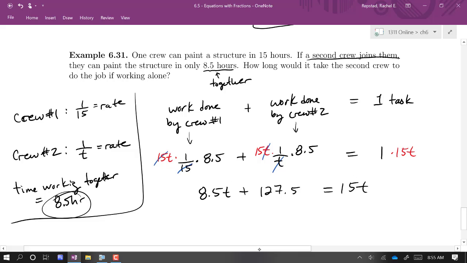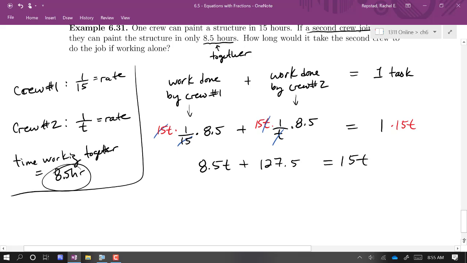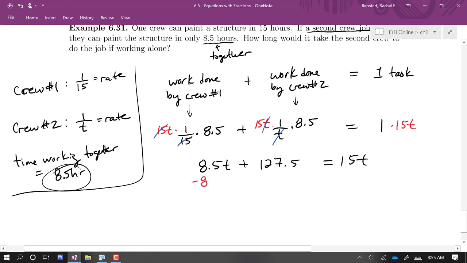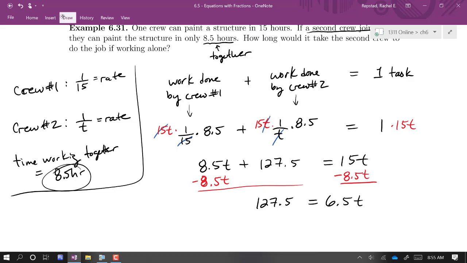Again, a nice linear equation. So to solve this, I'm just going to subtract 8.5t from both sides. And 15 minus 8.5 is 6.5t.